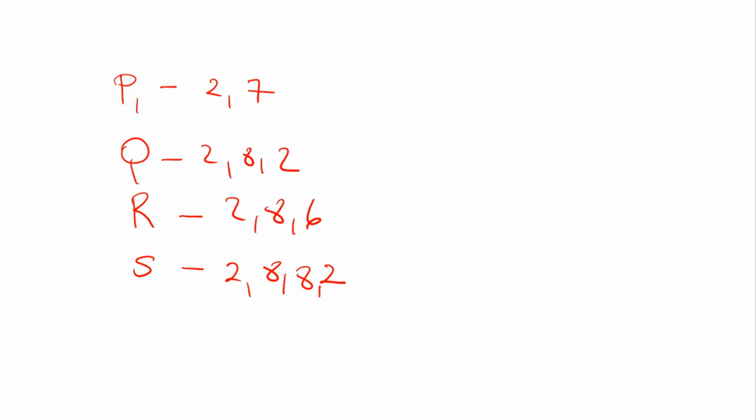The last number in the electronic configuration represents the valence electron, or outermost electron. And we just discussed that the number of valence electrons represents the group that the element is located in. So based on the electronic configuration here, P will be located in group 7.